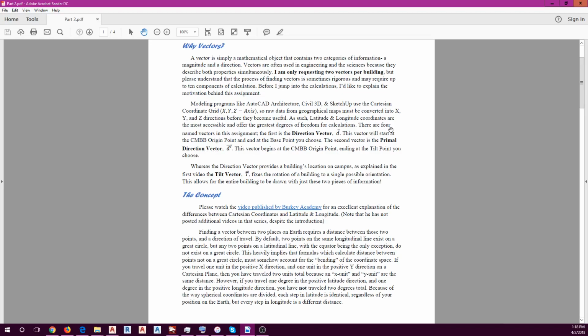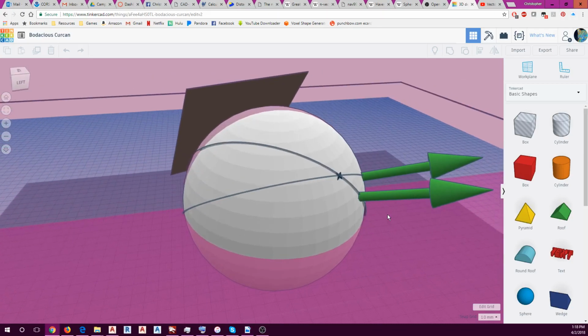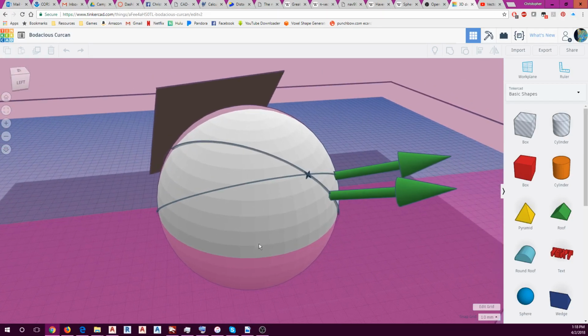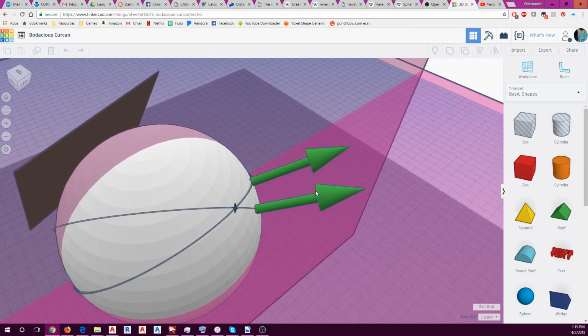And the other vector is this thing that's sticking out right here. These big green arrows are representing vectors, which is a magnitude and a direction. The direction is pointing outward, perpendicular to the surface, and the magnitude is whatever the magnitude is. I'll get to that in a minute.